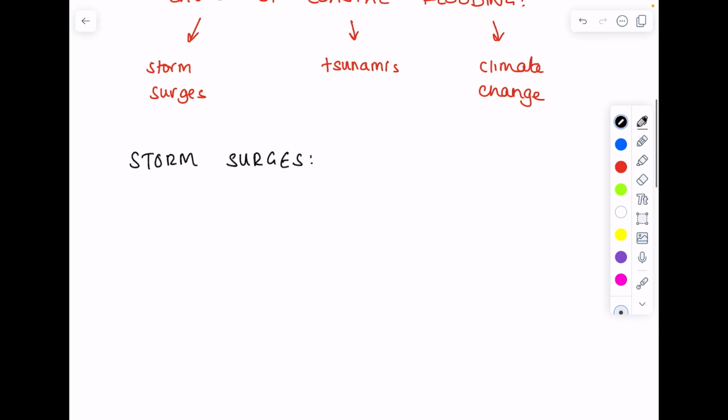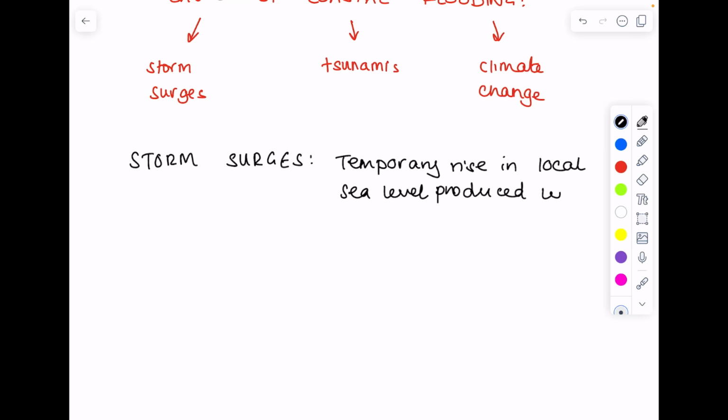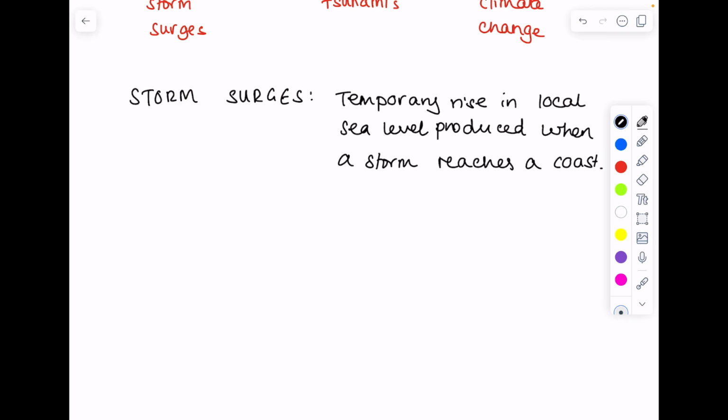What is a storm surge? Well, it's a temporary rise in local sea level produced when a storm reaches a coast. In terms of the optimum conditions for a storm surge, it's a combination of high tides and low-lying land.